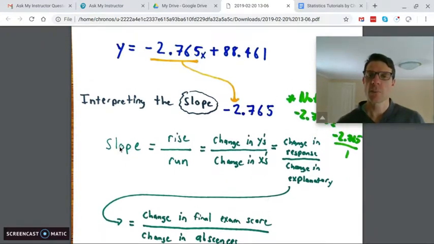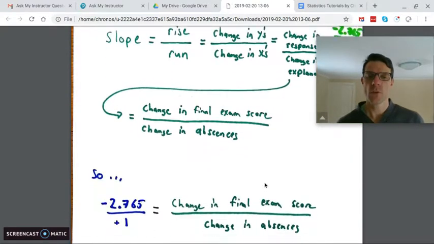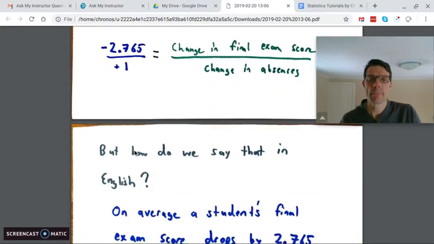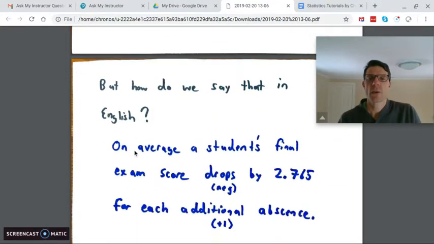So the slope is equal to negative 2.765 over 1. So this is the change in our final exam scores for every additional absence, right? Every time we have one more absence, we drop almost 3 points in our final exam scores. And this is just how we say that in English.